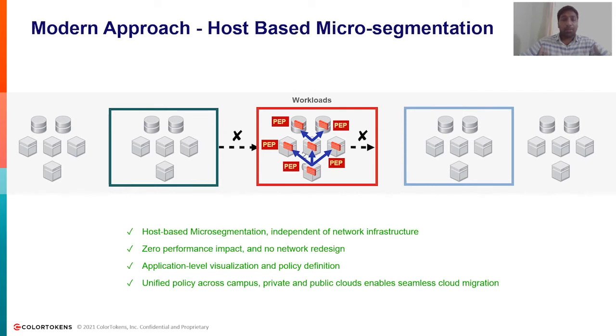They can implement policies, as I explained in my previous slide. It is just a matter of deploying an agent on your existing server, and you don't need to make any infrastructural changes.